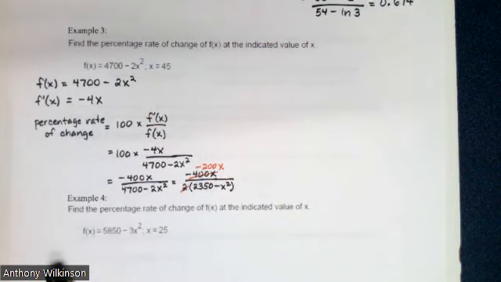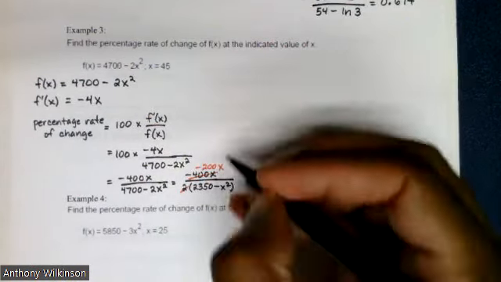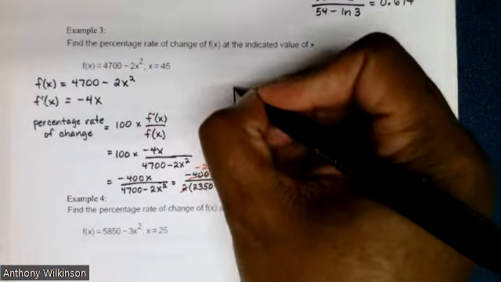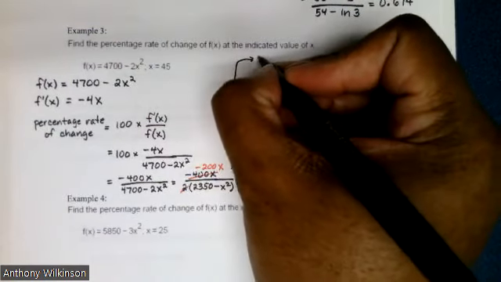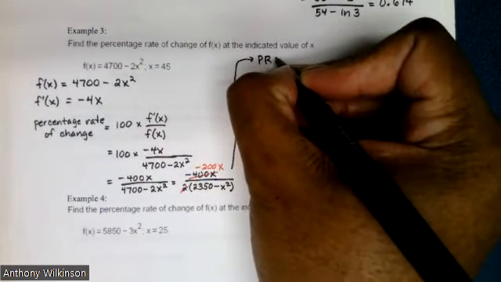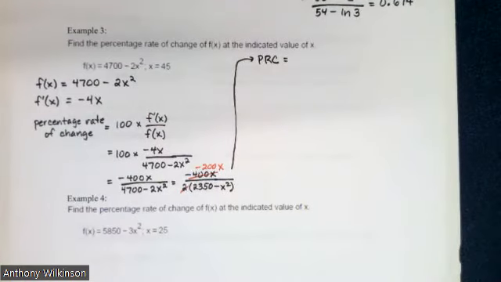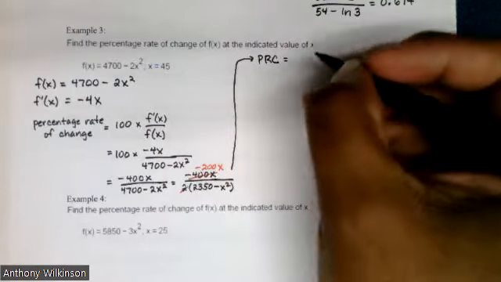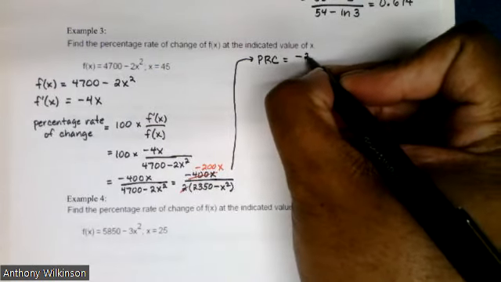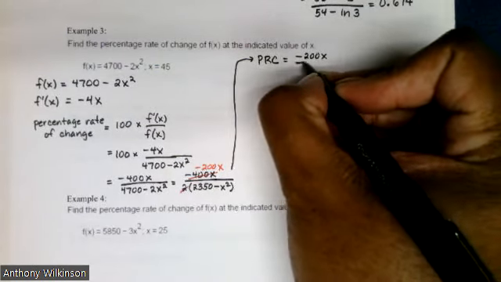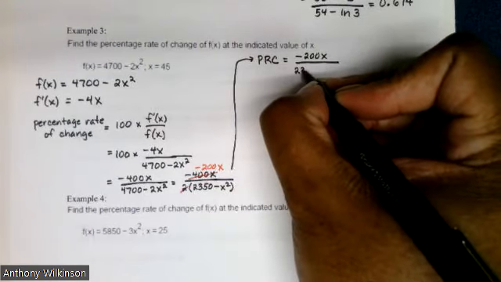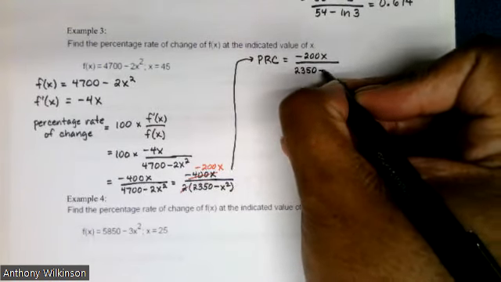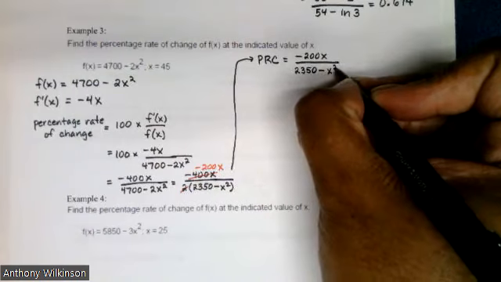So that means, and I'm going to continue this up here, the percentage rate of change, I'm just abbreviating this as PRC, for percentage rate of change, that would be equal to negative 200x divided by 2,350 minus x squared.